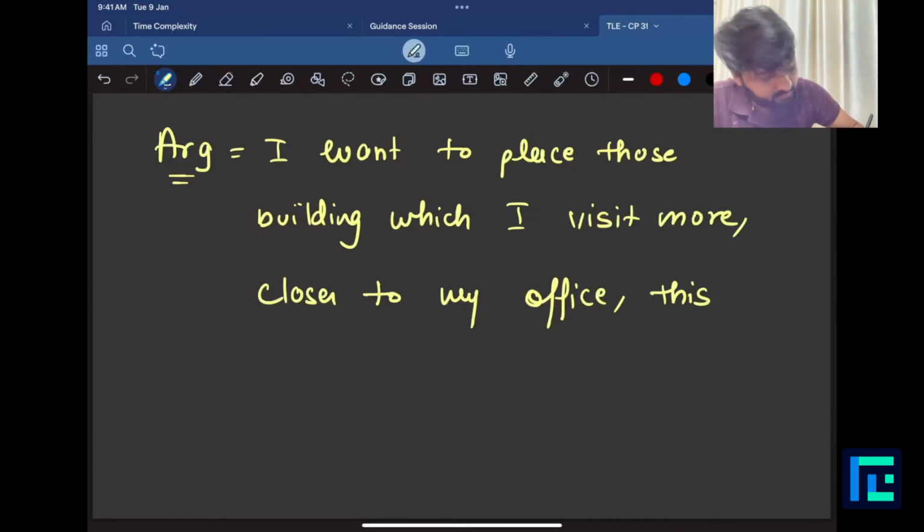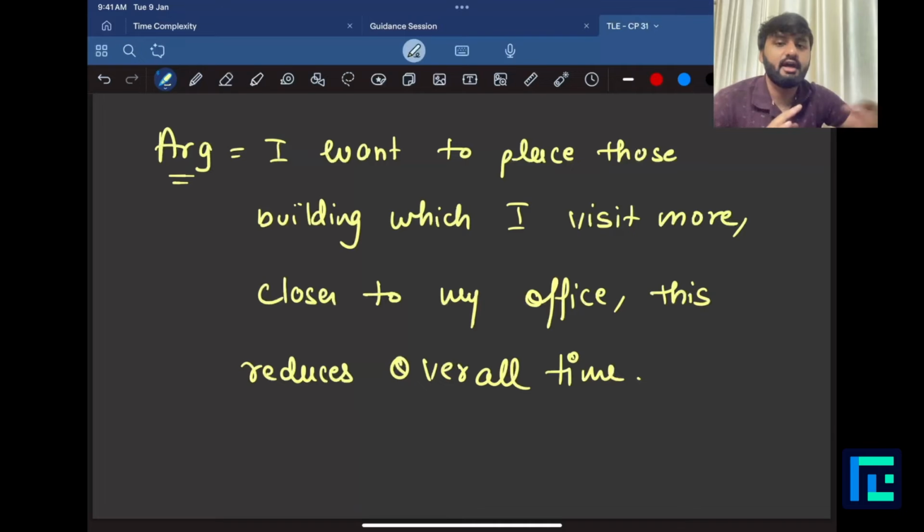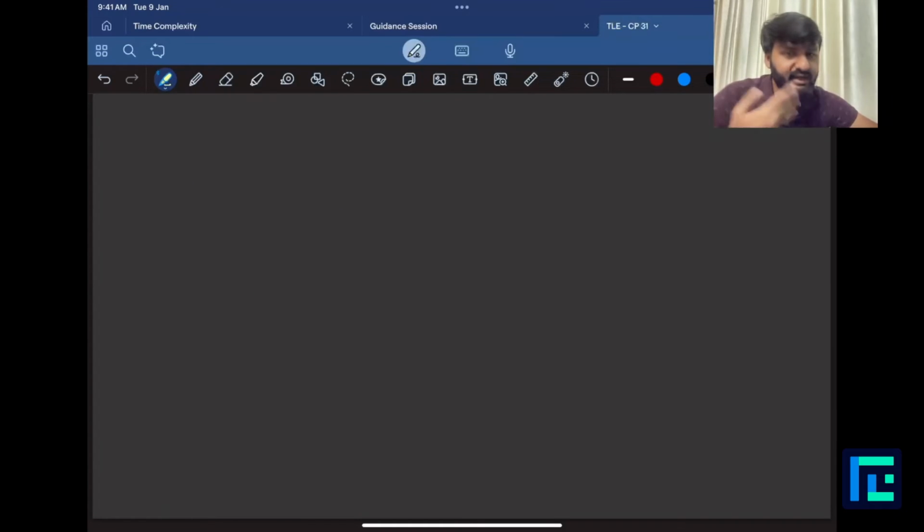This reduces overall time. By overall time, very intuitive. If the building that you visit more often is closer to you, the time contribution from visiting that building overall will also decrease.